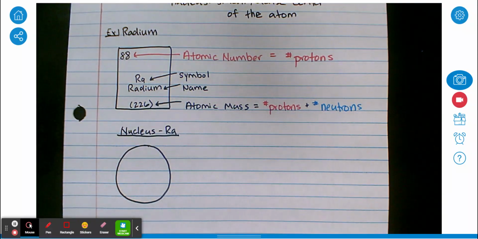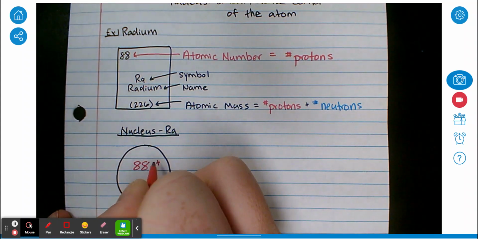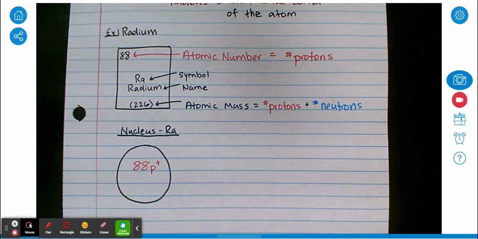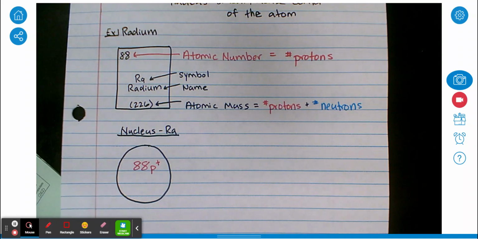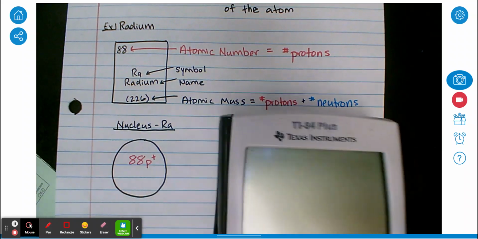Inside our nucleus, we get our two particles, our 88 protons. And then to figure out our neutrons, we have to do a little bit of math. I know my total mass is 226. I know my protons are 88 of that mass.